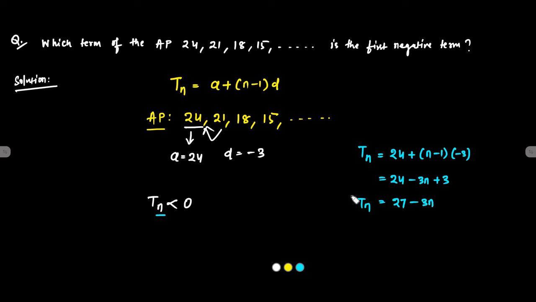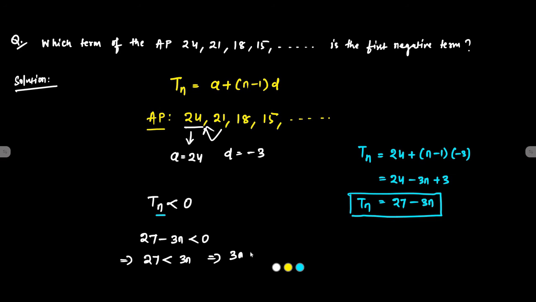Now for being the first negative term, Tn should be lesser than 0. So we can say that 27 minus 3n should be lesser than 0, or 27 should be lesser than 3n, or 3n should be greater than 27, or n should be greater than 27 by 3, which implies n should be greater than 9.